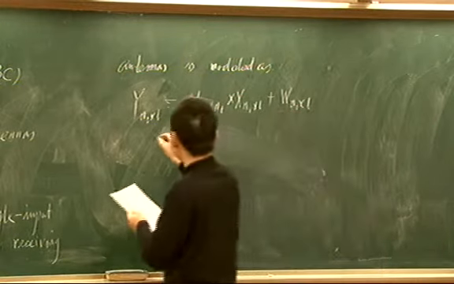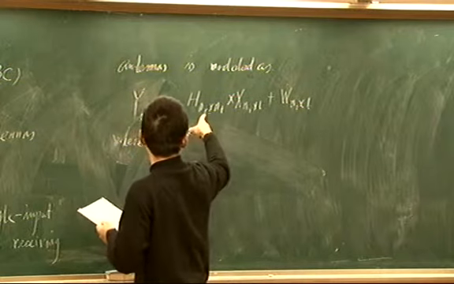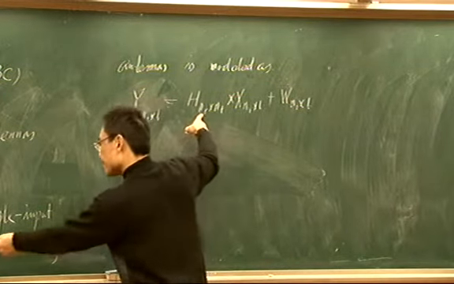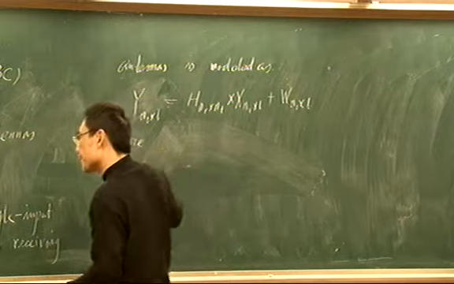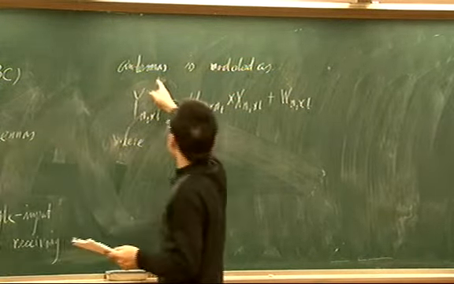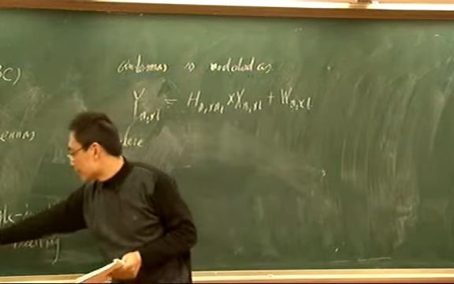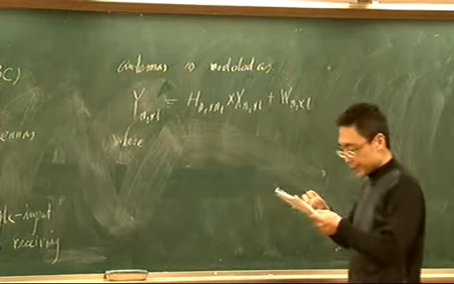Where is L? This is the receive antennas. NT is the transmit emitters.